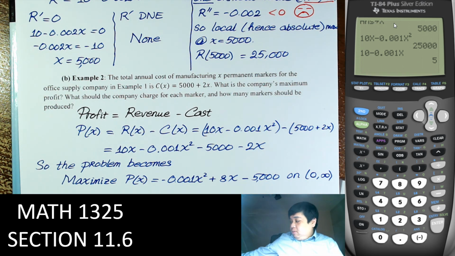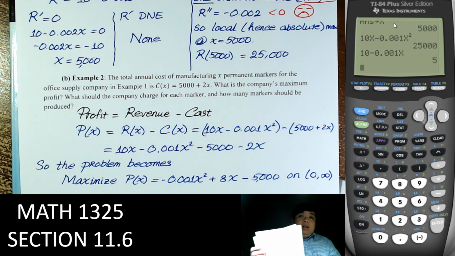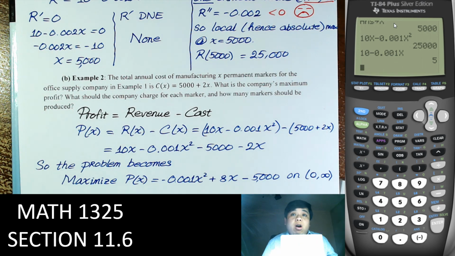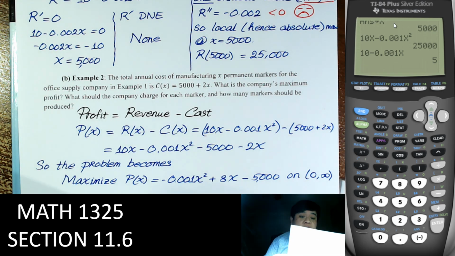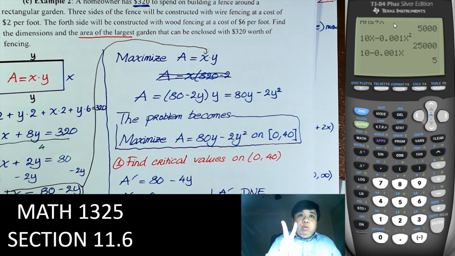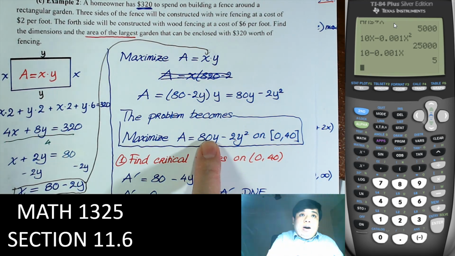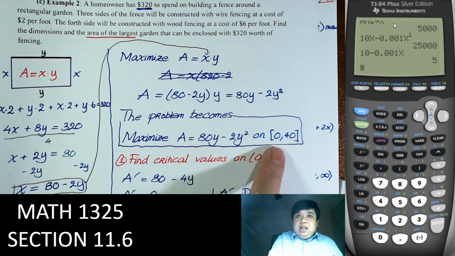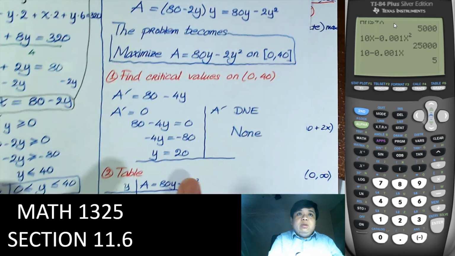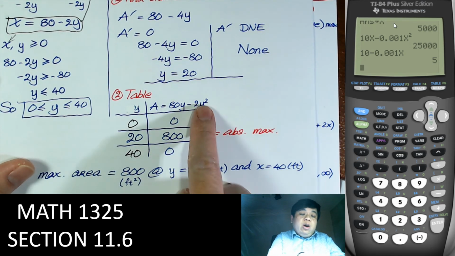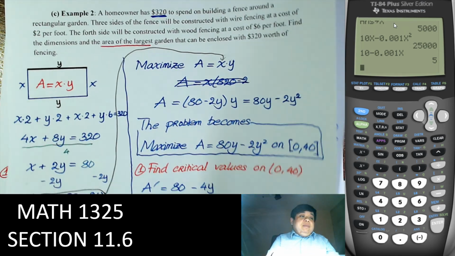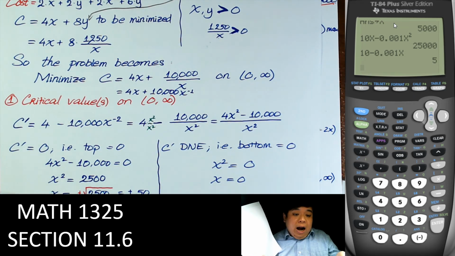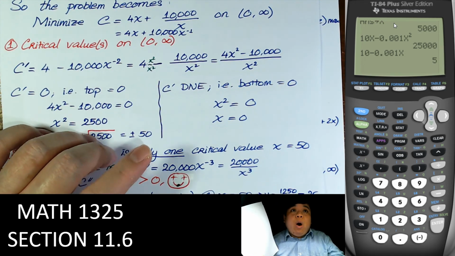Right. Anyway, so we have application problems, and pretty much in all the application problems, we translate the word problem into a math problem. We have two parts: what we're trying to maximize or minimize, and the interval. If it is a closed interval, just put on the table with the original function. If it's not a closed interval, we hope that we only have one critical value.